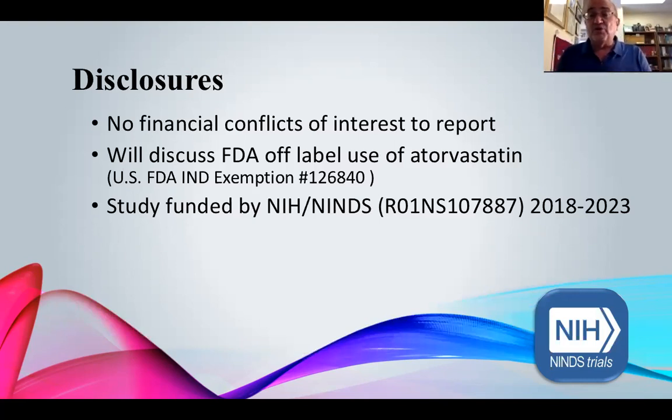And that is an important thing. We can't take a drug today for an indication other than it's approved without permission of the FDA or an overlying reason that justifies it. And there is no other conflicts of interest related to this research. So nobody's getting paid by the atorvastatin drug maker or anything like that.